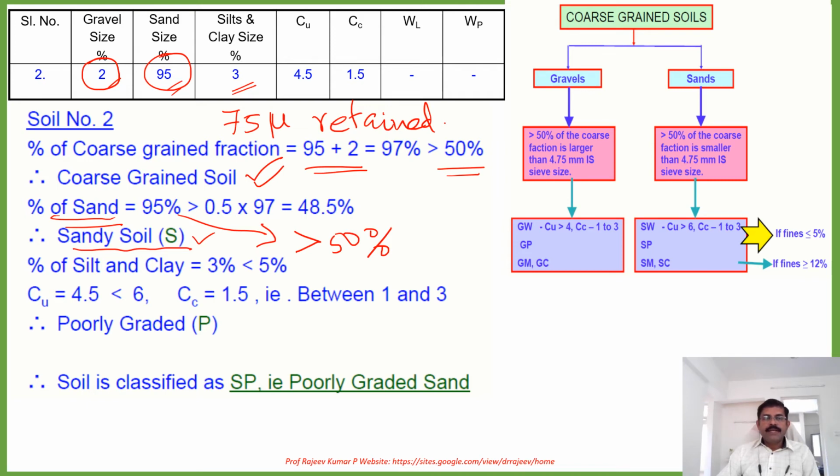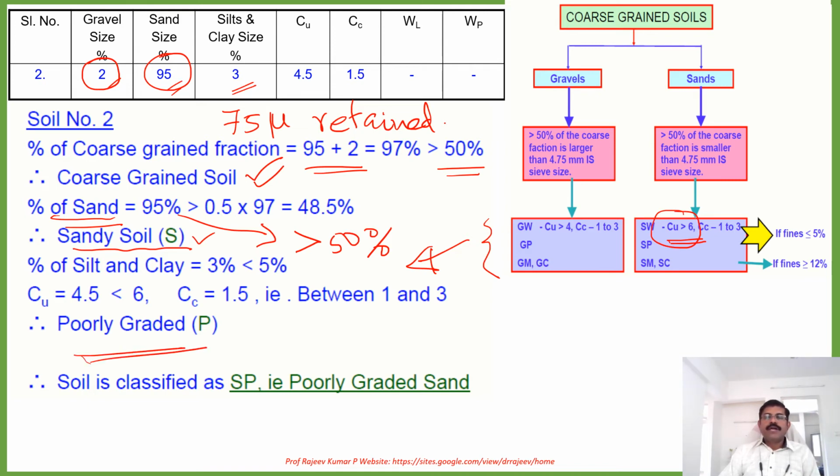You know that the conditions for coarse grained soils are given here. The Cu which is given is less than 6, and Cc is 1.5, between 1 and 3. So less than 6 means this condition is not met, so it is defined as poorly graded.